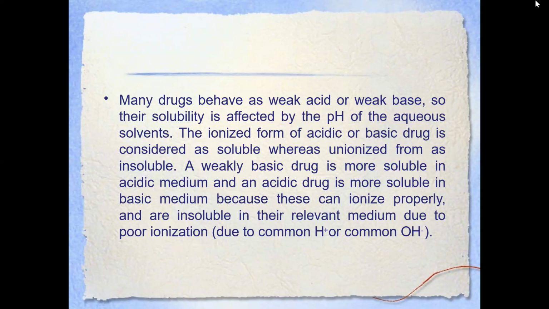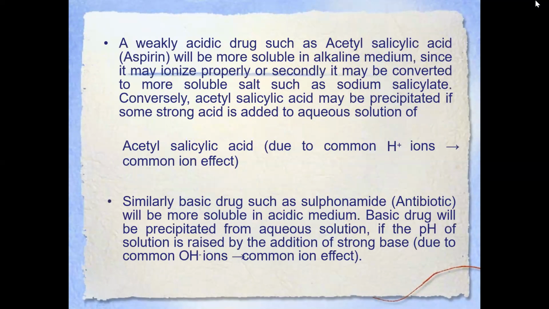The common ion in the common ion effect may be H or OH ions. A weakly acidic drug such as acetyl salicylic acid, known as aspirin, will be more soluble in alkaline medium, since it may be ionized properly, or secondly, it may be converted to a more soluble salt such as sodium salicylate. Conversely, acetyl salicylic acid may be precipitated if a strong acid is added to the aqueous solution.